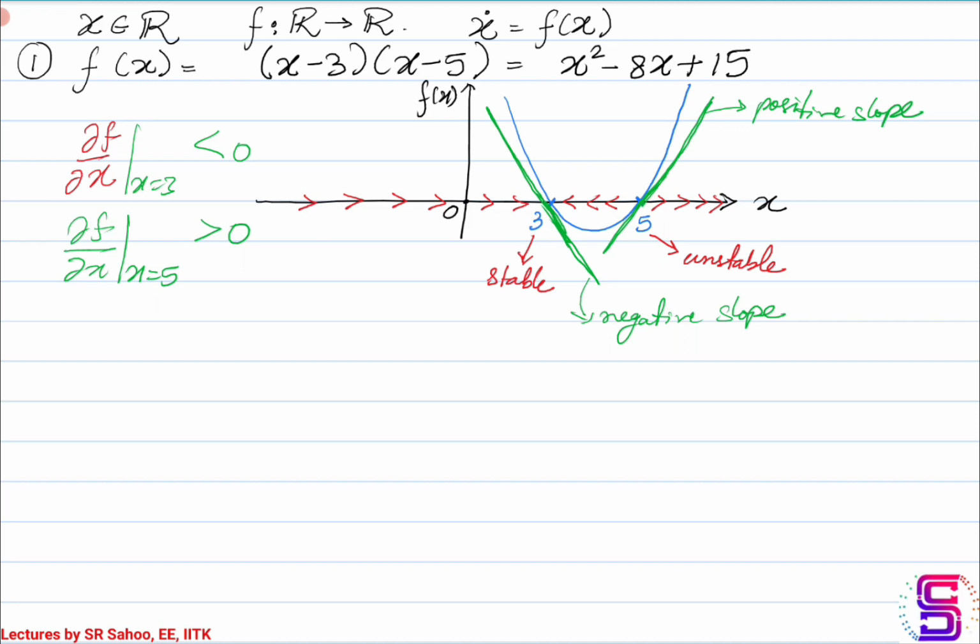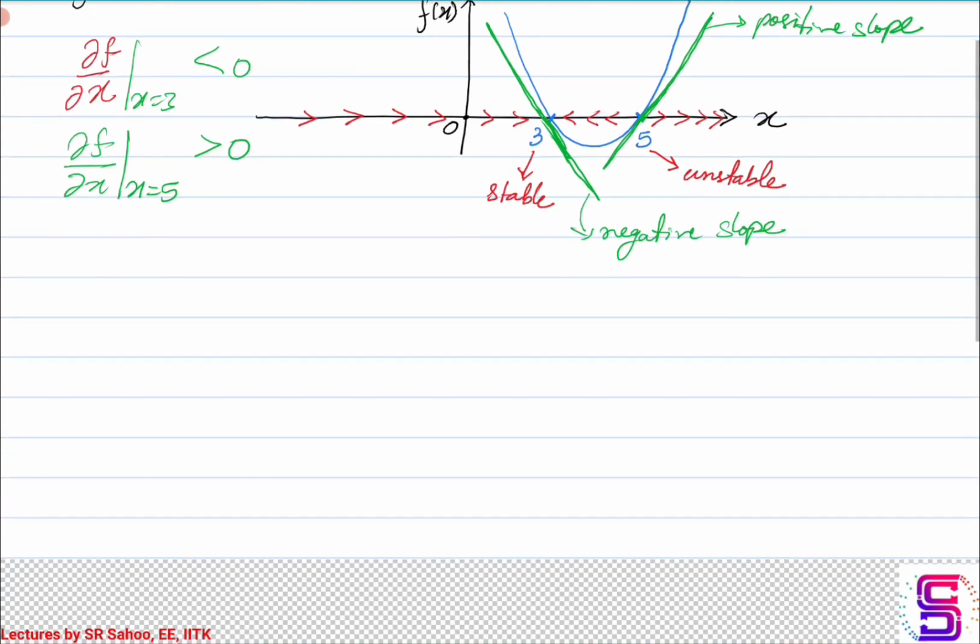Okay, so if del f by del x for this one-dimensional system is negative, then the equilibrium point is stable. If del f by del x at the equilibrium point is positive, then the equilibrium point under consideration is unstable.